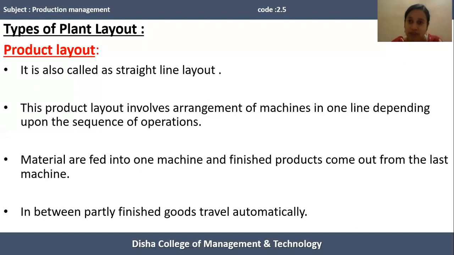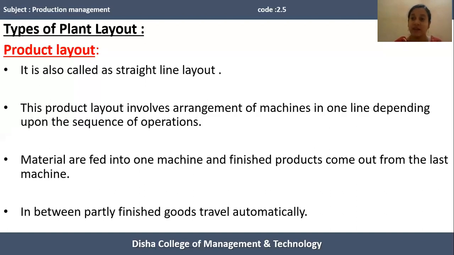But in case of process layout, in a particular department, similar type of machines are installed, and the product has to move from one section to another section for manufacturing. In case of product layout, the product is not required to move from one workstation to another workstation, or one department to another department. The product has to move in a straight line. Means the machine which is required for performing the first operation is installed in first place.